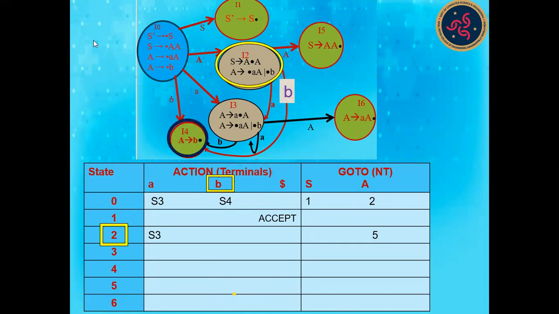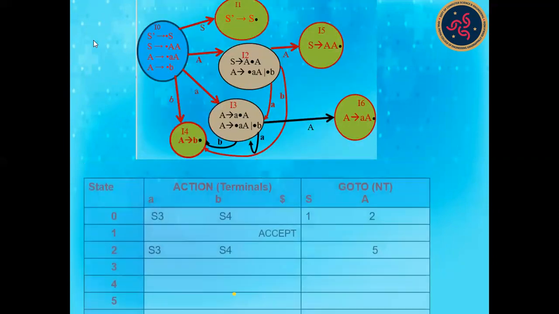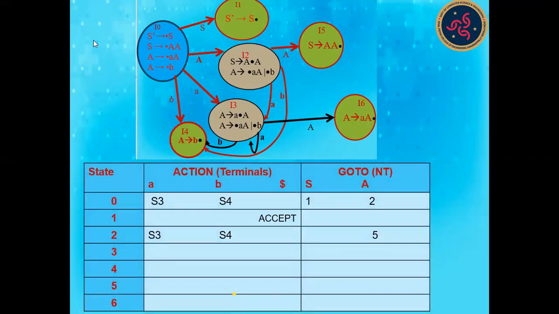So we need to write the entry as S4, that is shift 4. So this is all for this particular state, and we have done our second row also. At the state I2 we have only 3 entries, that is capital A and small letter a and b.